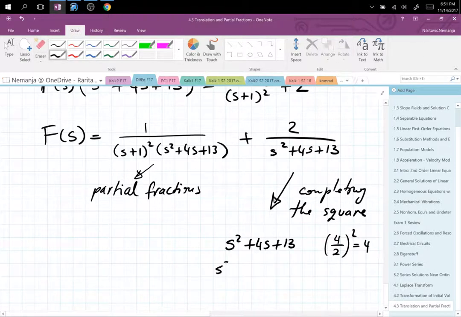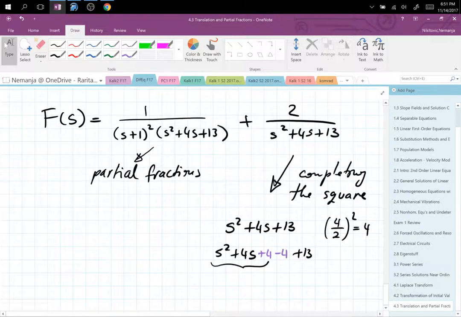So we have s squared plus 4s, and then you have plus 4 minus 4 plus 13. Maybe I can use a different color for these, what I call magic numbers here, because they make this work. And now, completing the square here gives us (s plus 2) squared, and then you get plus 9.